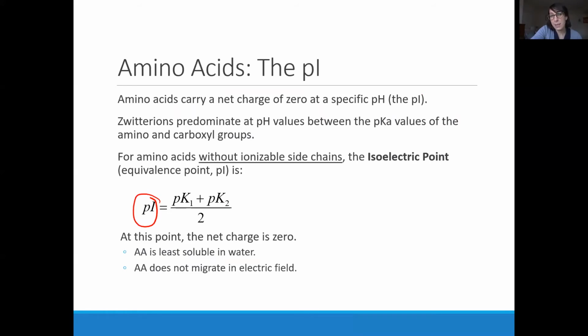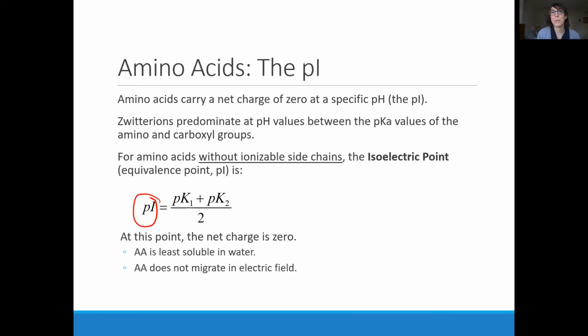This form is important to note. The reason we want to know where this pI is, at what pH this amino acid is perfectly neutral, is that when an amino acid is perfectly neutral like this at the isoelectric point, it is not very soluble in water. It's the least soluble in water. Why?